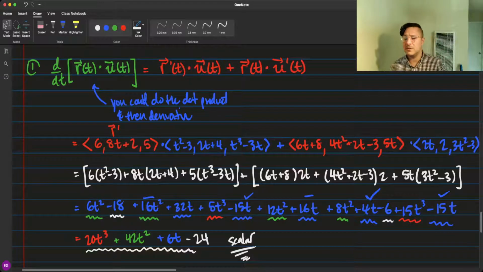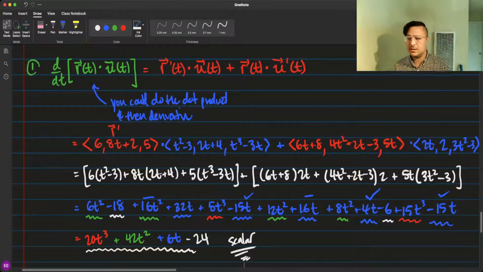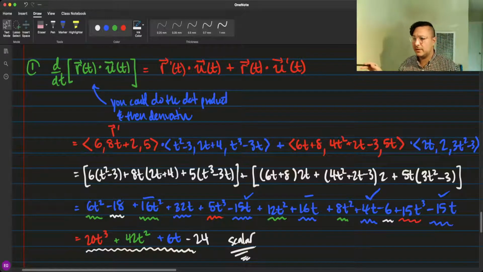Whenever you finish these, you need to look to see if the answer you're getting makes sense. If you take the derivative of a vector valued function, you should get a vector valued function. If you take the derivative of a scalar valued function, you should get a scalar valued function. R dotted with u is a scalar valued function. You take the derivative of a scalar valued function and you get a scalar valued function.